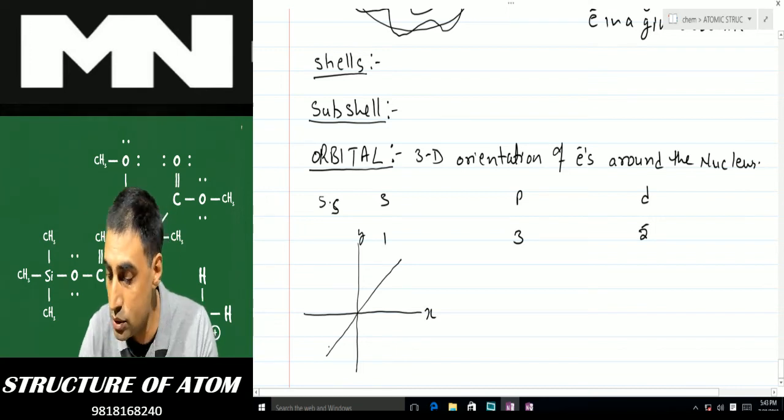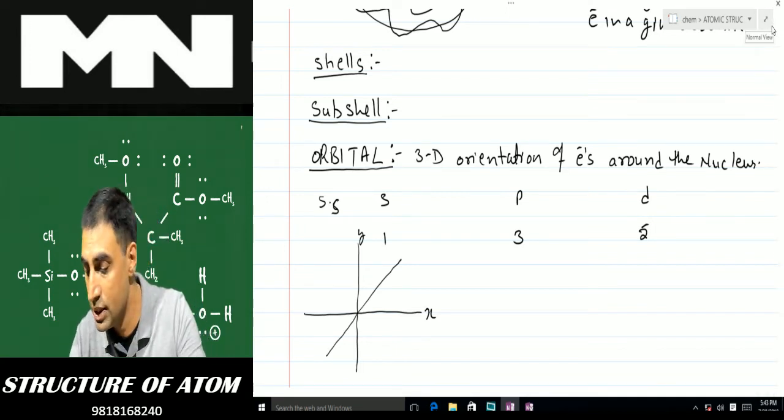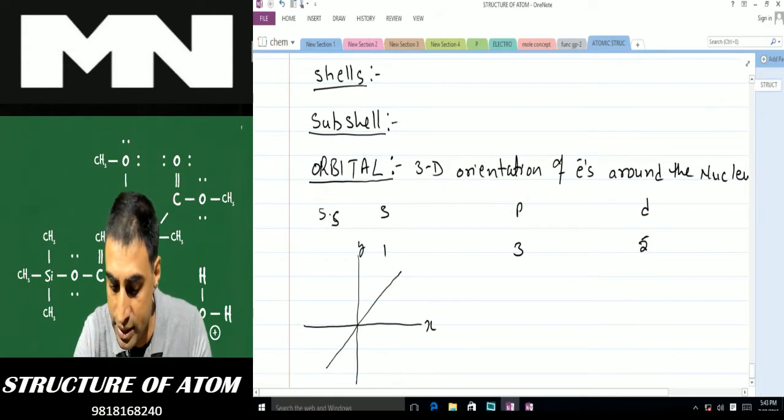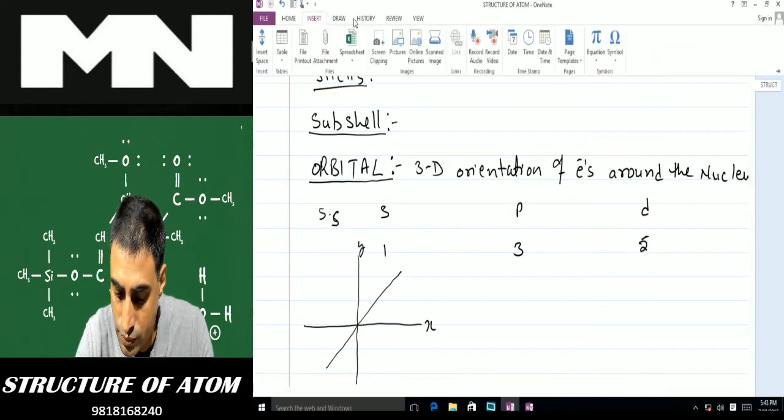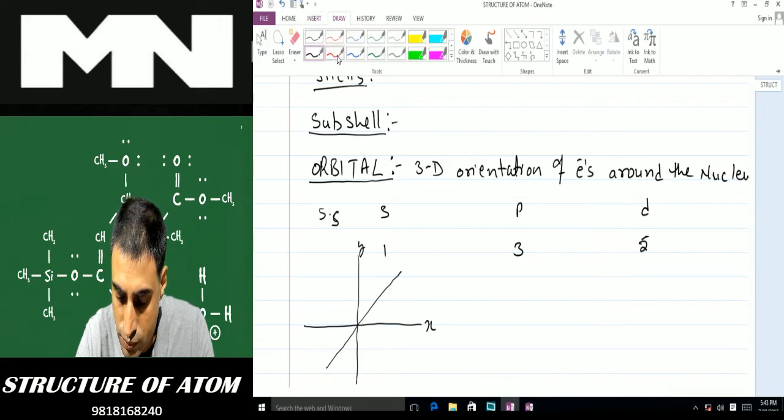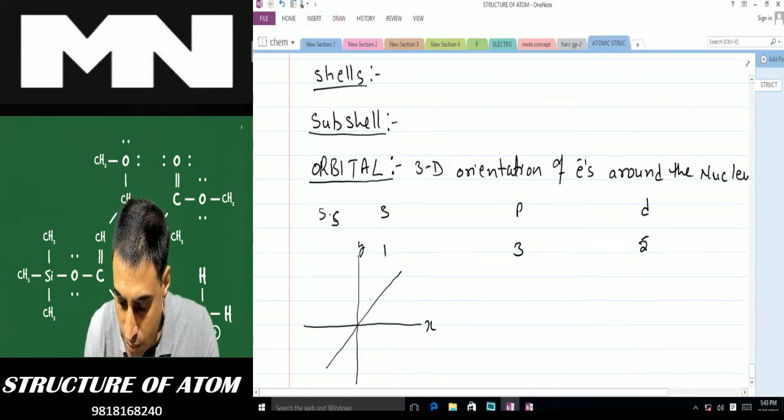So the electrons can orient themselves now. Suppose I'm talking about S subshell. The electrons of S subshell are evenly distributed in a spherical manner.